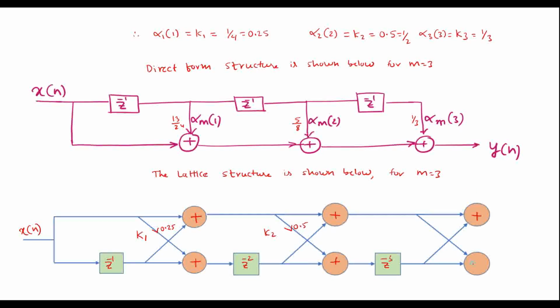This is plus, this is plus. Here we have k3 and its value is 1 by 3. So here will be the output y of n. So this is the lattice structure which is required, where we have found k1, k2 and k3. Here this is also k1 only. This is k2, right, here k1, k2, and this is k3. This is the corresponding lattice structure for the given direct form structure.